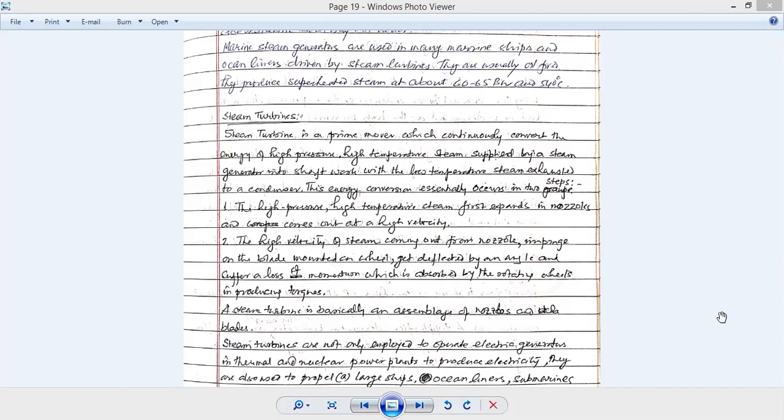Now, there is a definition, a classification of turbine. A turbine is basically an assembly of nozzles and blades.